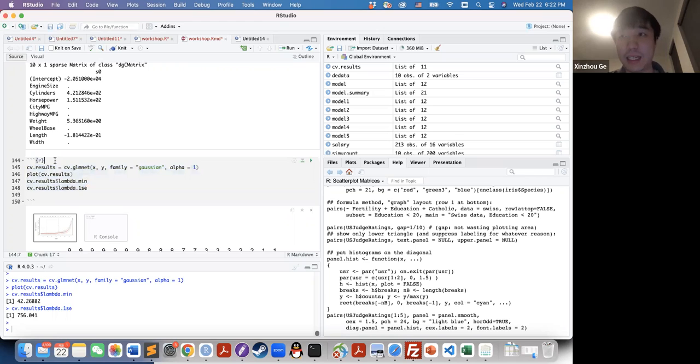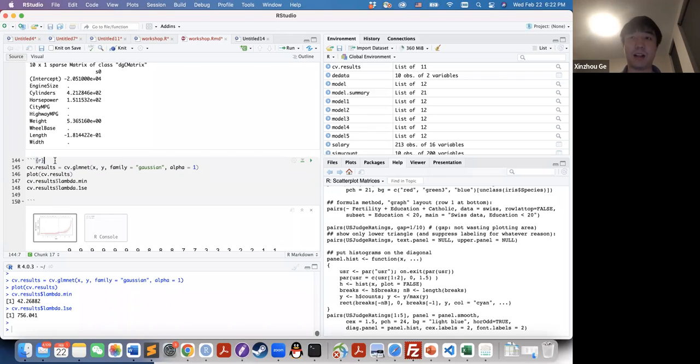The reason for this is that, as we have just said, we need to do cross-validation to select the best lambda. And in cross-validation, we randomly sample several samples to be left out and use the remaining samples to predict the Y values for those left-out samples.